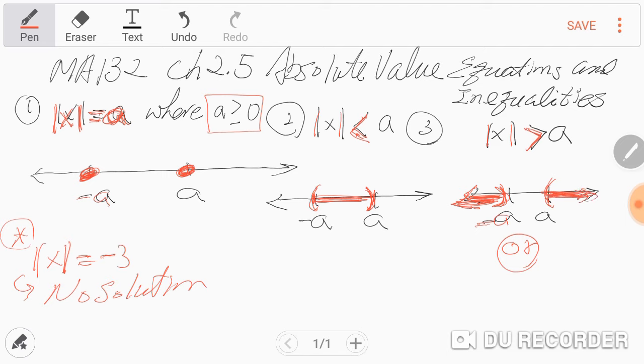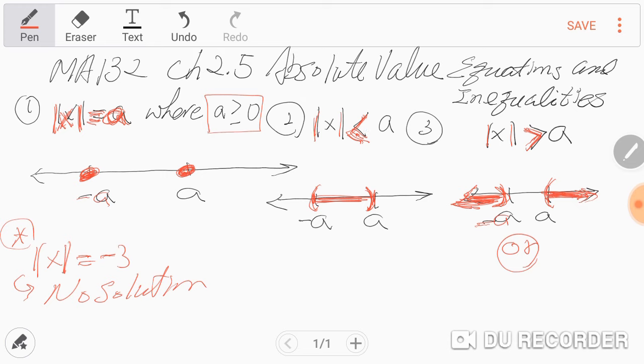So when you solve an absolute value equation, the solutions are x is either positive a or negative a. When we solve absolute value inequalities, it is either absolute value of x is less than a or absolute value of x is greater than a.